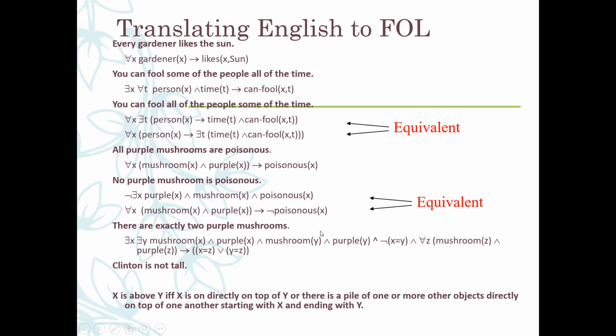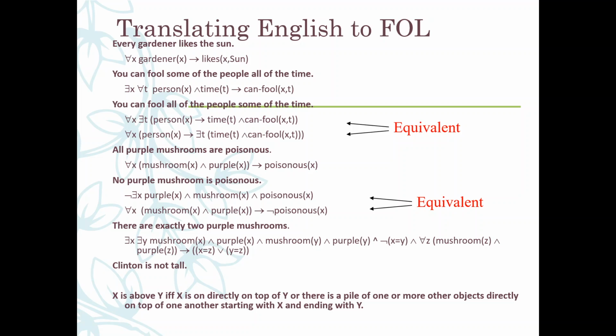That is mushroom(x), purple(x), and x and y are two different mushrooms, so not (x = y), ending with for all z, mushroom(z) and purple(z). That is another mushroom we are taking into consideration, suppose another variable, z. What will be the implication? It implies that x is equal to z or y is equal to z. So either z will be equal to x or z will be equal to y, but there will be two distinct.